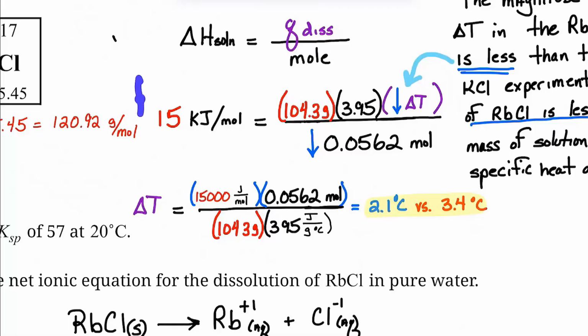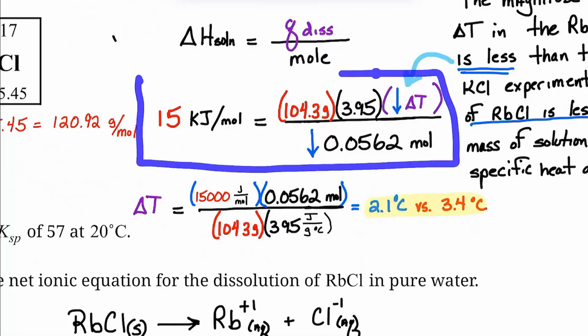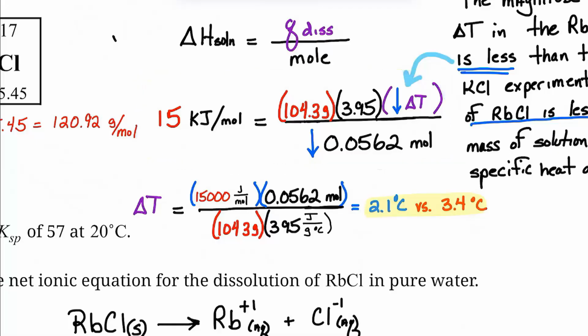So if you take this same equation and you do your algebra and you solve for delta T with the values we have here, obviously we still had to have the number of moles of rubidium chloride, and I converted my kilojoules into joules.